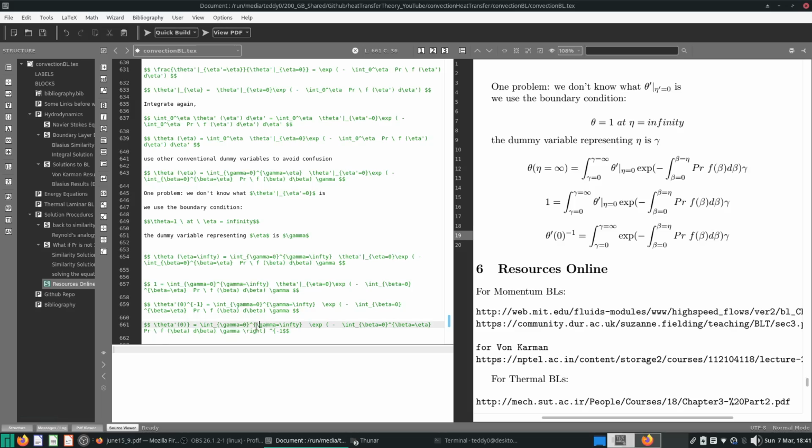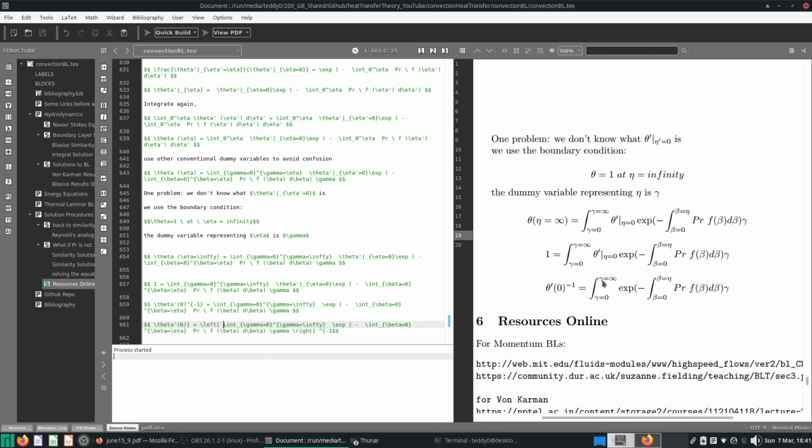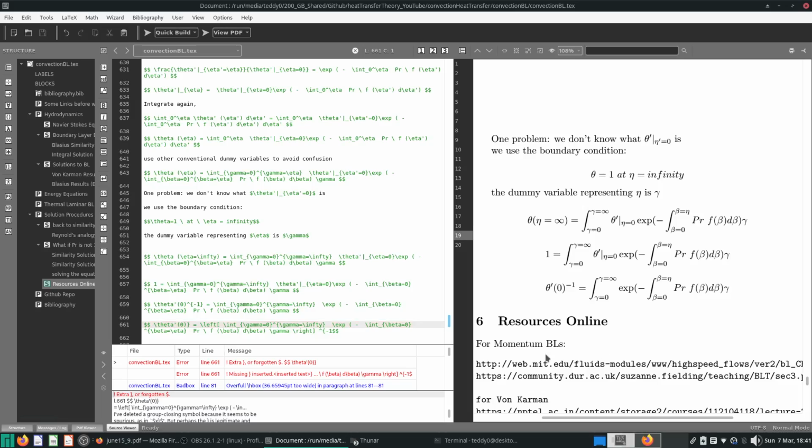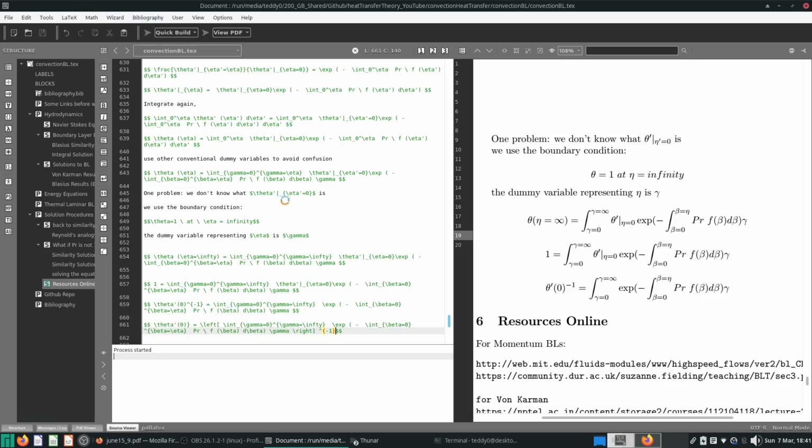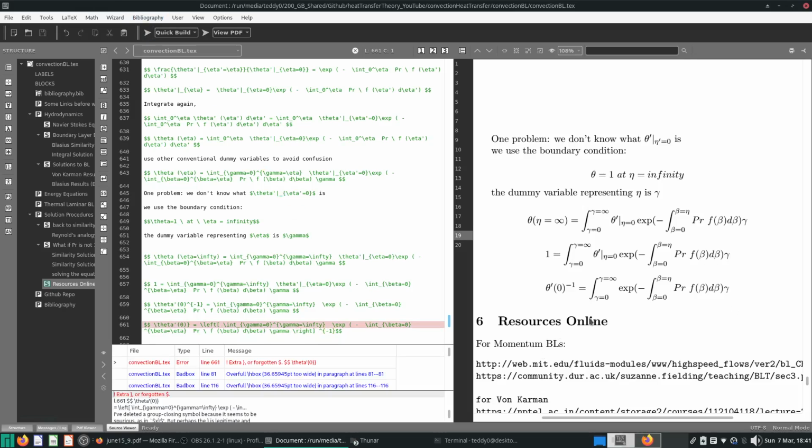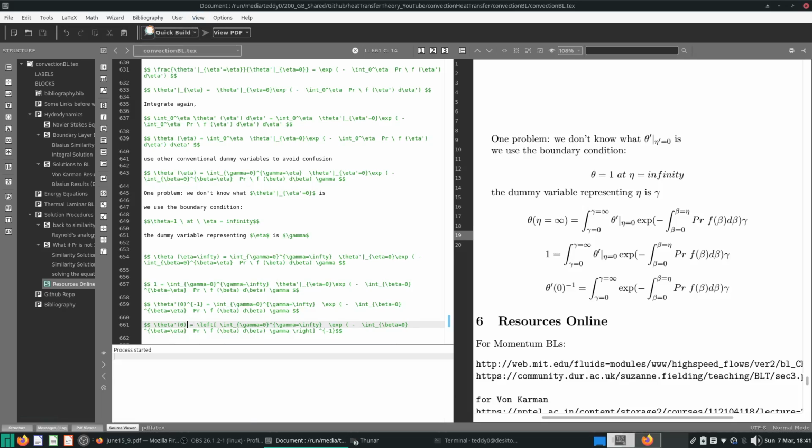Right, square bracket, and I'll put left square bracket. Yeah, forgot this closing parentheses. Opening parentheses. Alright, there you go.